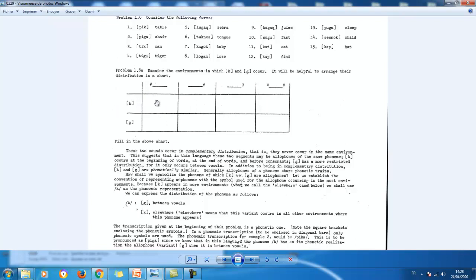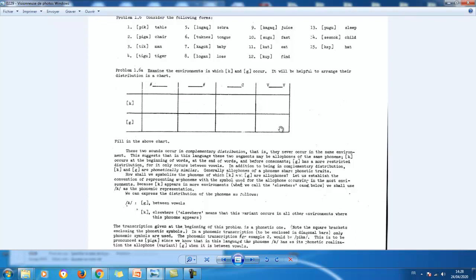We said k has got a wider distribution. It can occur in more than one or two phonetic environments. It is initial, it's final, and it is here in this context. But g has got a restricted distribution.